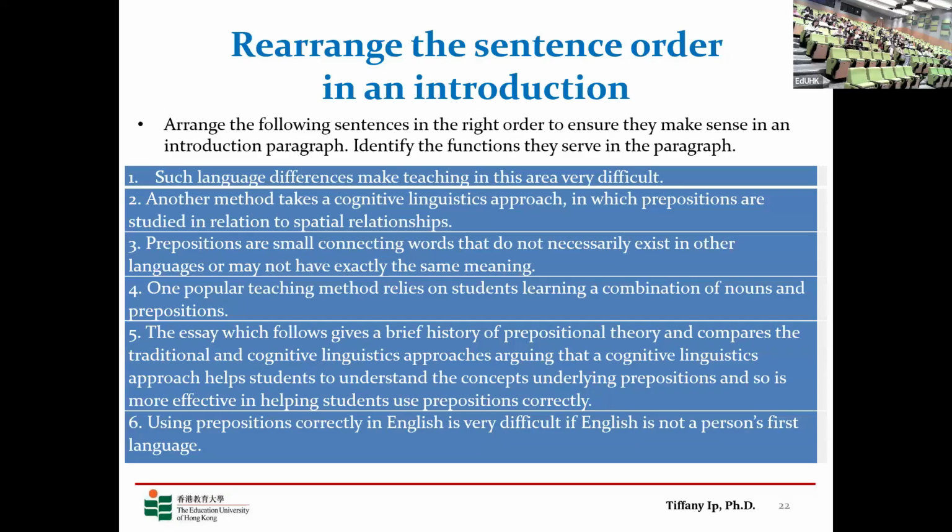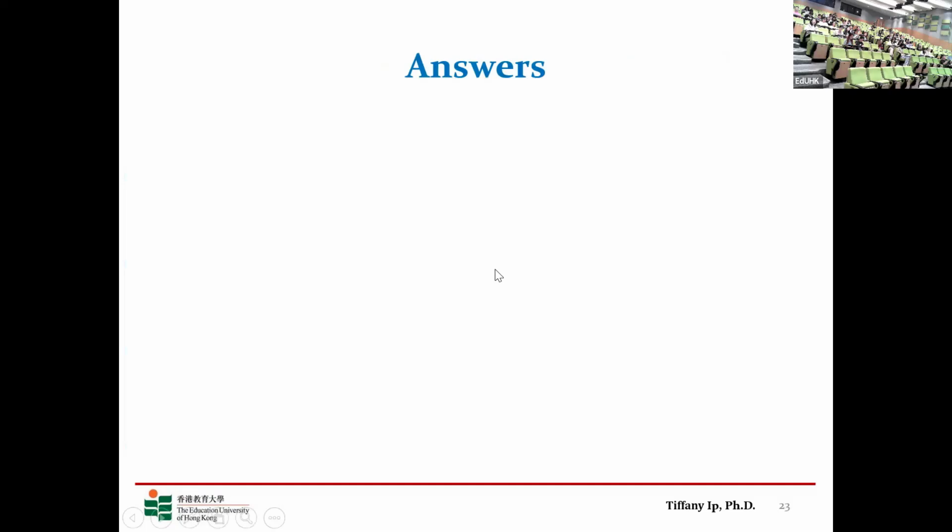And after you mention number 6, number 3 makes perfect sense. Number 3 says they are small connecting words that do not necessarily exist in other languages. And what do you mean by other languages if you haven't mentioned English? So 6 needs to be the first one, and then 3 would come naturally afterwards. So that is why the answer should be 6, 3, 1, and then 4, 2, 5.